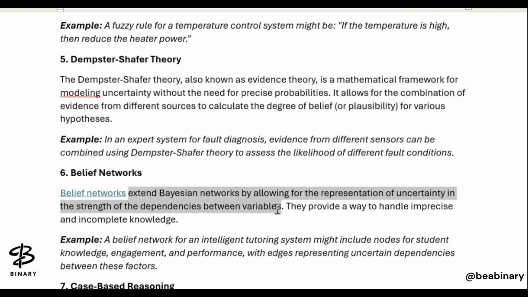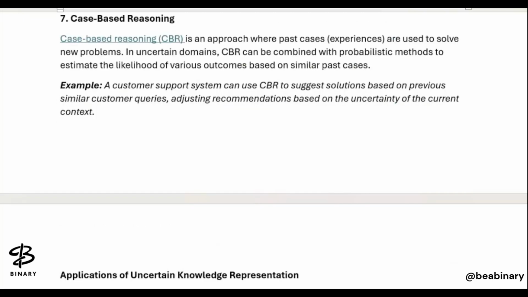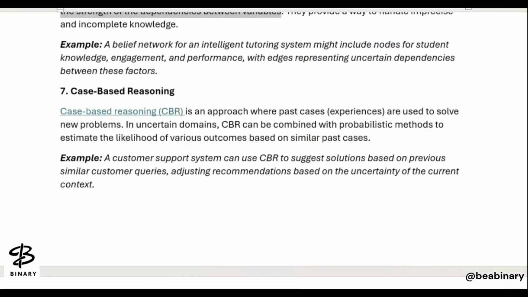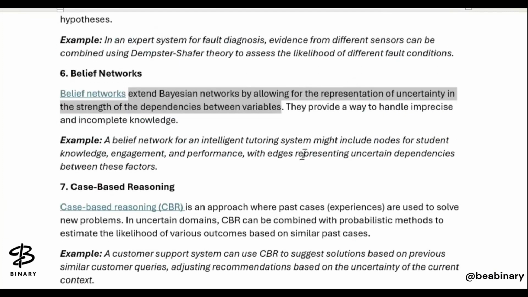In a Bayesian network, the system shows the conditional dependencies between the variables. Here, it extends the Bayesian network by allowing for the representation of uncertainty in the strength, right? How much dependency is there between the variables? They provide a way to handle imprecise and incomplete knowledge.